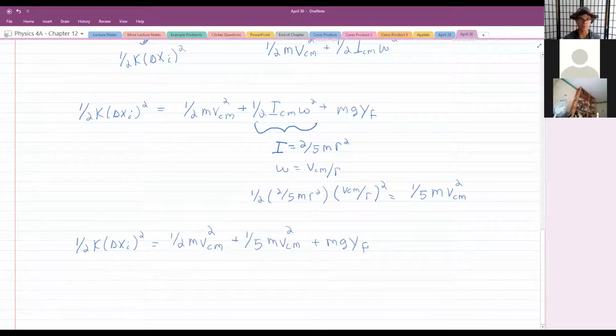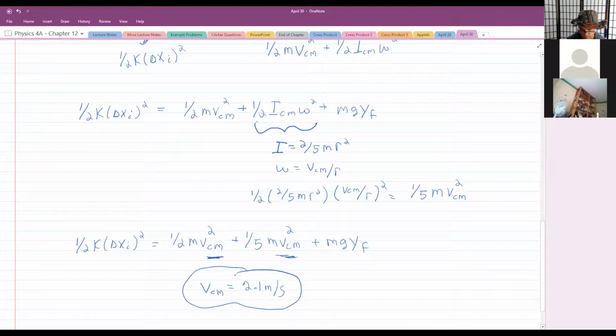And again, let me just skip this last step. So everything is known except for the speed of the center of mass. We have all of these values. All we're doing is solving for that. And once you solve for it and plug in all the numbers, you're going to get the speed of the center of mass being 2.1 meters per second.